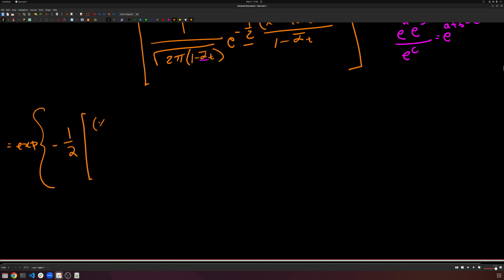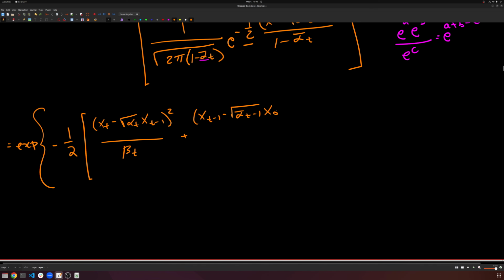So it's going to be x_t minus square root alpha_t x_{t-1} squared over beta_t. That was the first one. Plus the second one was x_{t-1} minus square root alpha hat_{t-1} x_0 squared over 1 minus alpha hat_{t-1}.